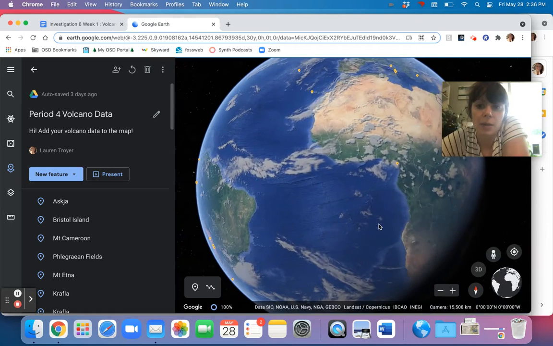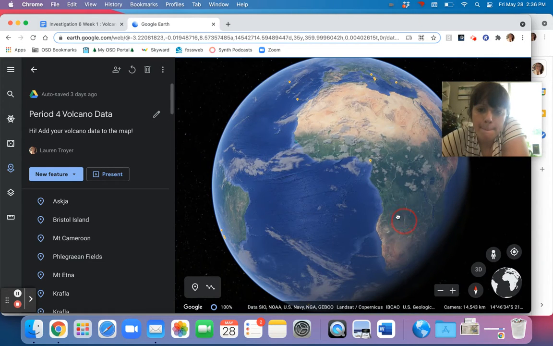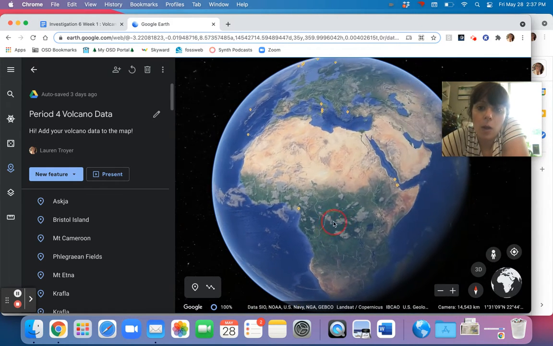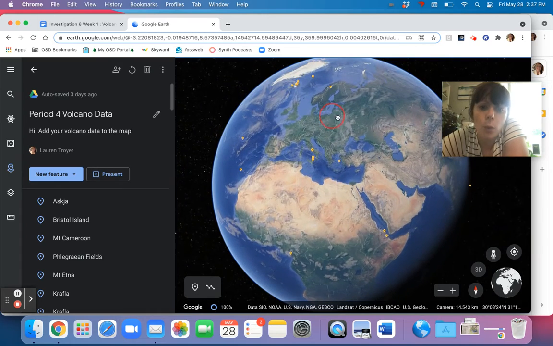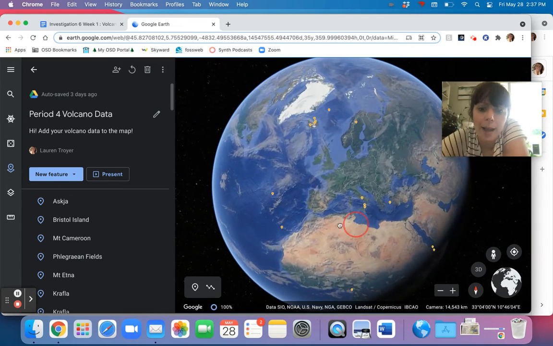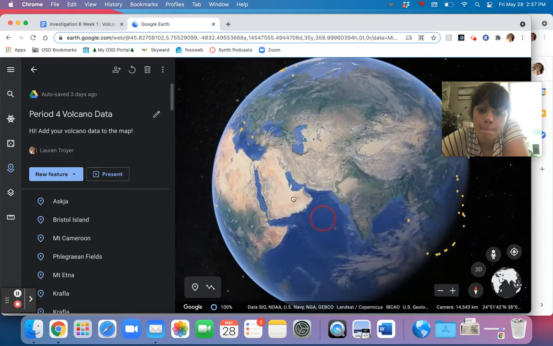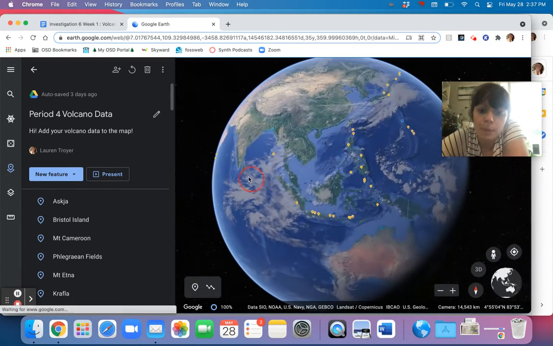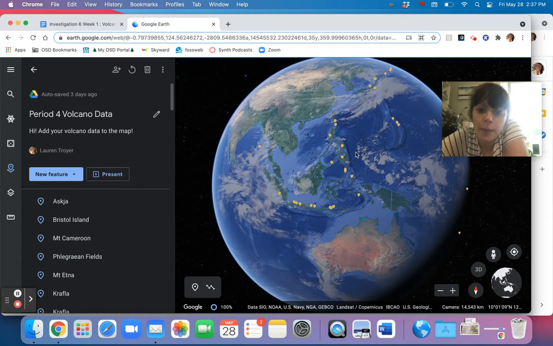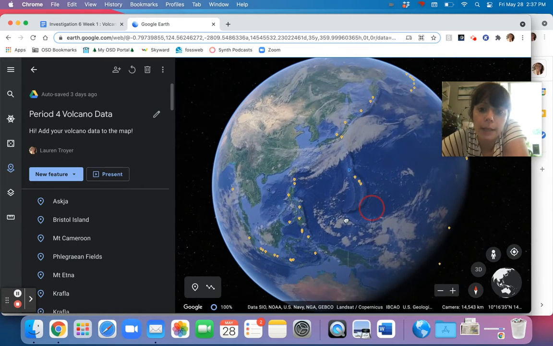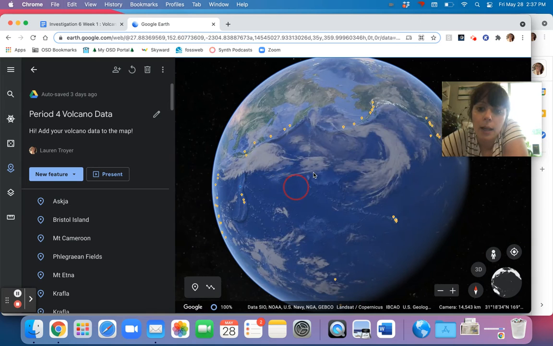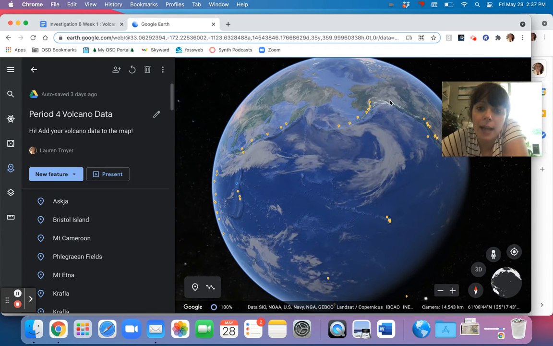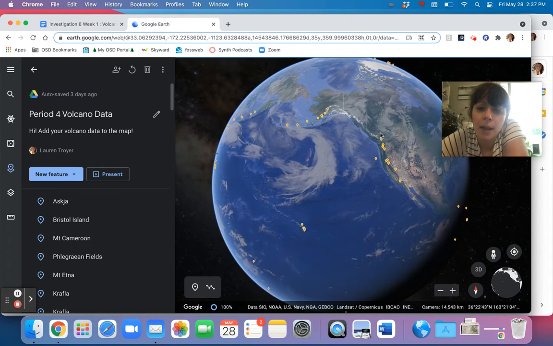So where do volcanoes occur? I'm seeing a lot along coastlines, or in the water, or on islands. I'm seeing a lot around the Pacific Ocean: the Philippines, Japan, Russia, Alaska, and of course the Pacific coastline, Washington State, California, and Hawaii.